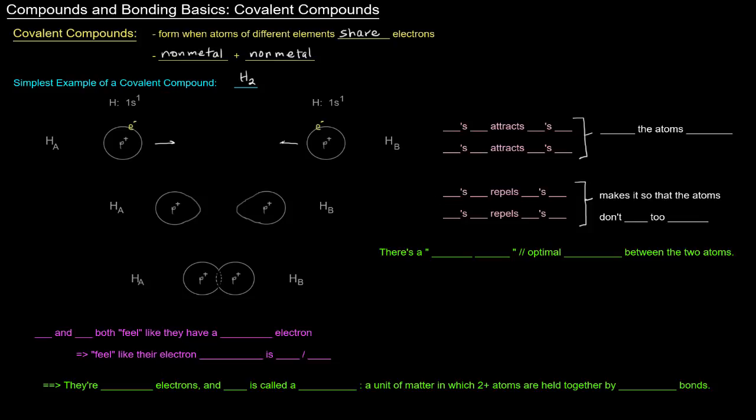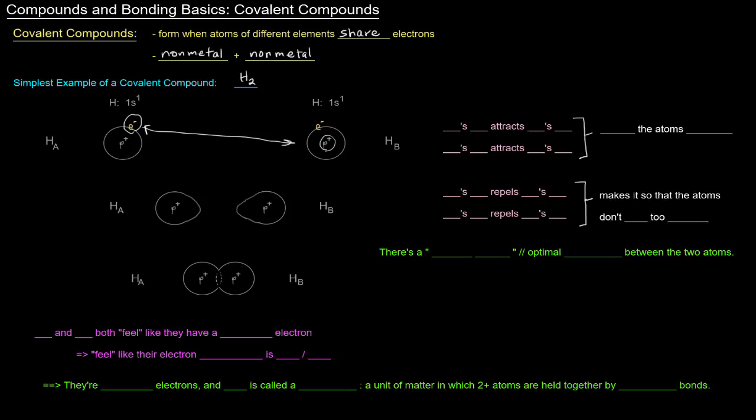Okay, they're floating in space initially. They're going to move closer together. Why are they going to move closer together? Well, because we've got a positive charge here in this proton in HA and a negative charge here in this electron in HB, and they're going to attract each other. Likewise, the same situation will happen between HB's proton and HA's electron. Opposite charges will attract.